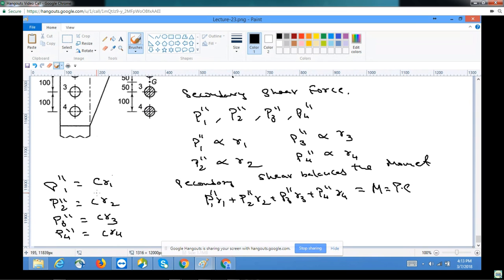So based on this, we can say our C is given as P into E divided by R1 square plus R2 square plus R3 square plus R4 square.